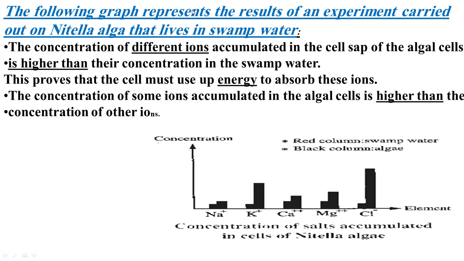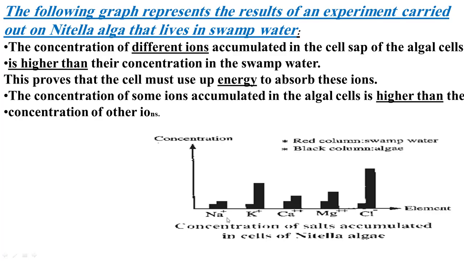The following graph represents the result of an experiment carried out on a type of algae named Nitella that lives in swamp water. By examination, the concentration of different ions accumulated inside its body is more than the amount of salt in the swamp where it lives.